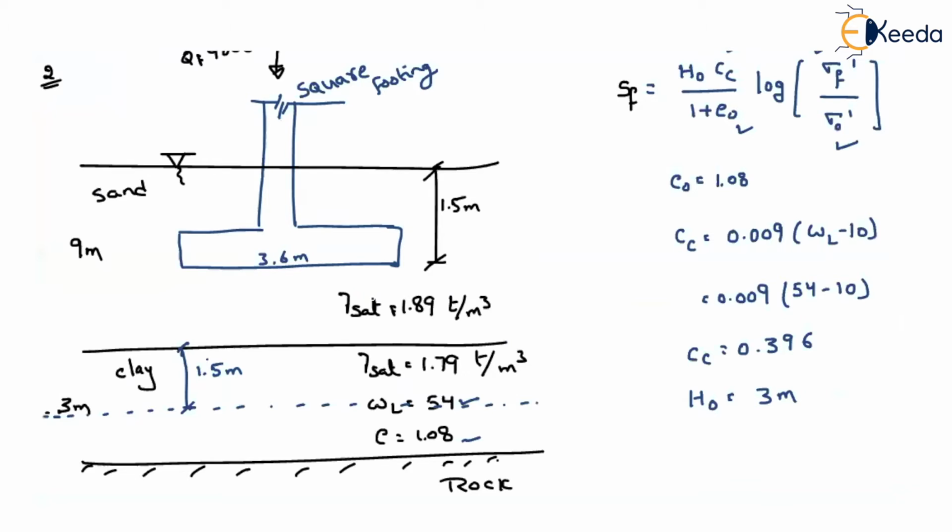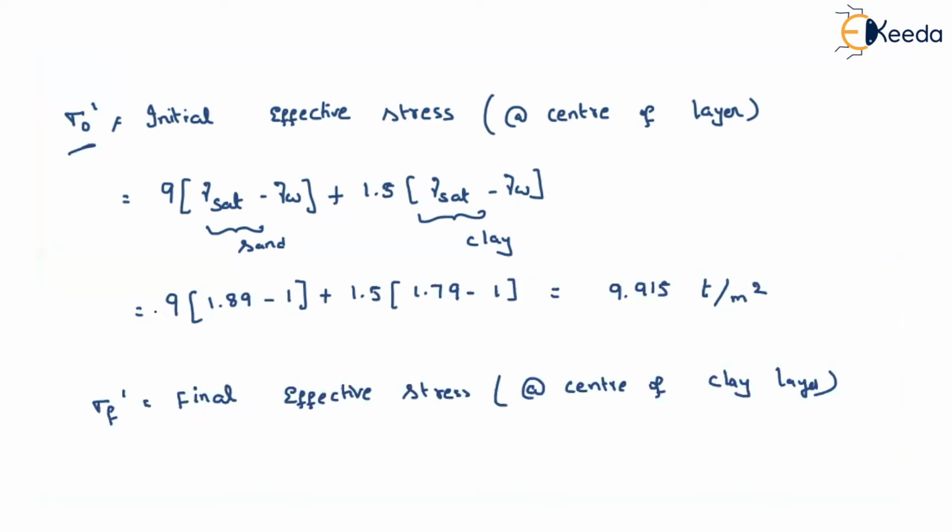According to the Terzaghi variation, I will separate the final effective stress into the initial effective stress plus the change in effective stress because of the construction of the footing. As nothing is mentioned, how can I find this delta sigma dash?